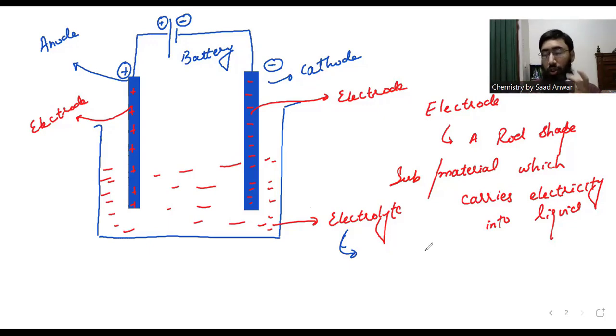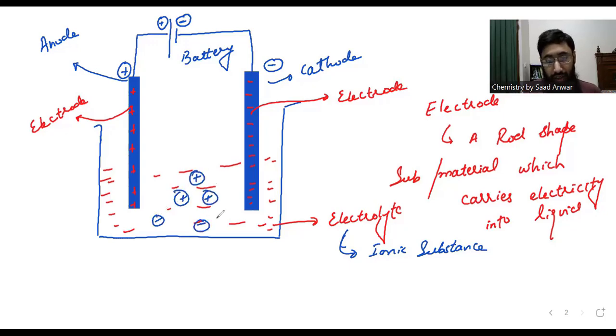This is an electrolyte. It means it is composed of an ionic substance. An electrolyte is usually an ionic substance, which means it has positive and negative ions. So my electrolyte has a lot of positive ions, and similarly it has a lot of negative ions.